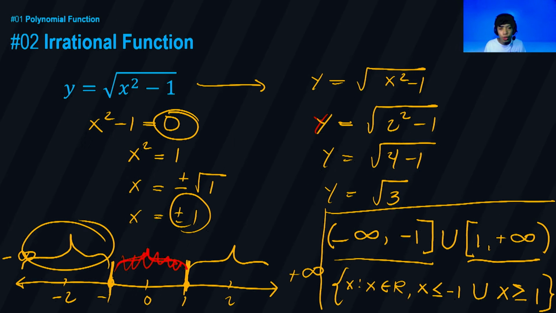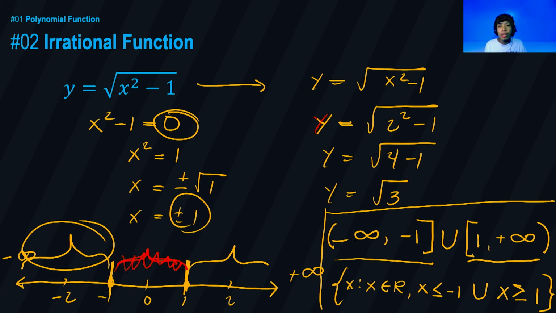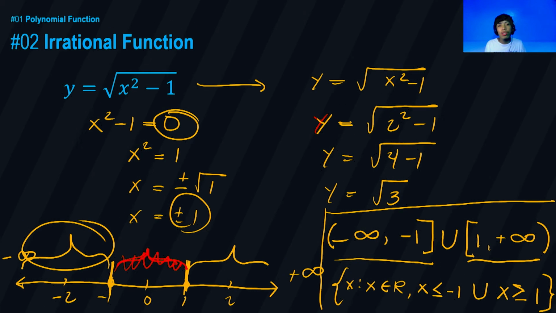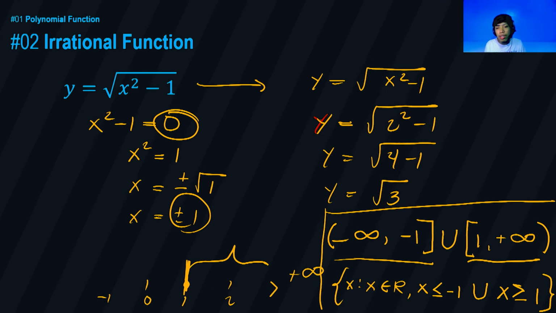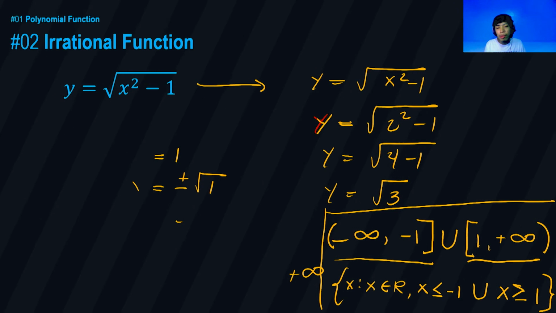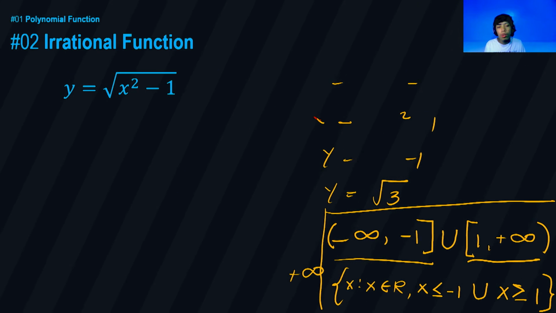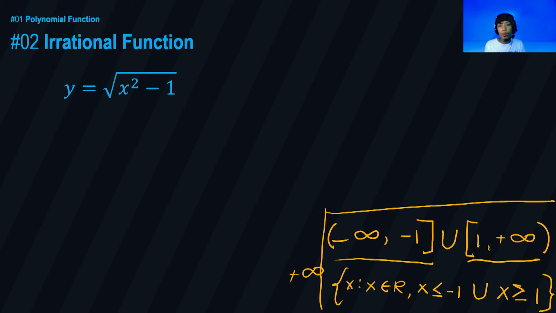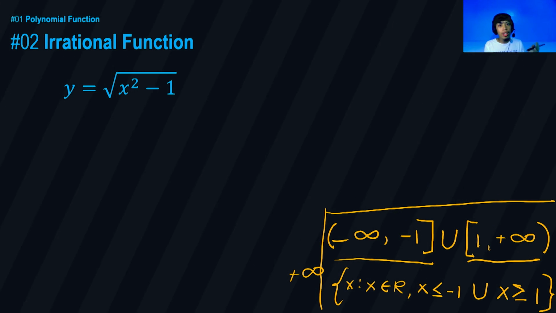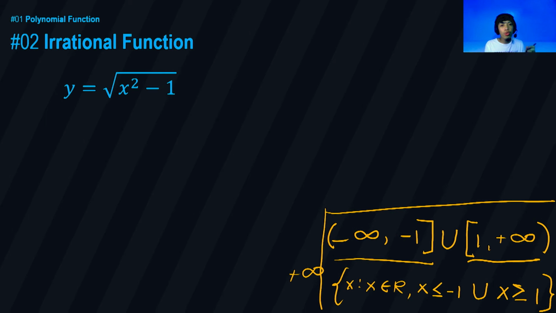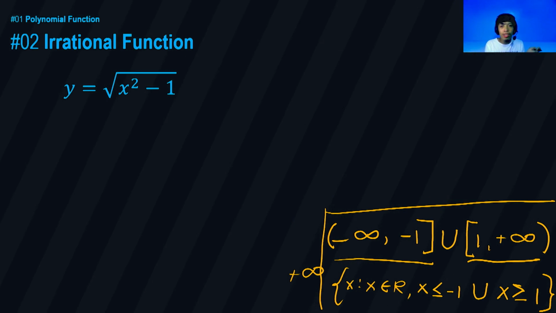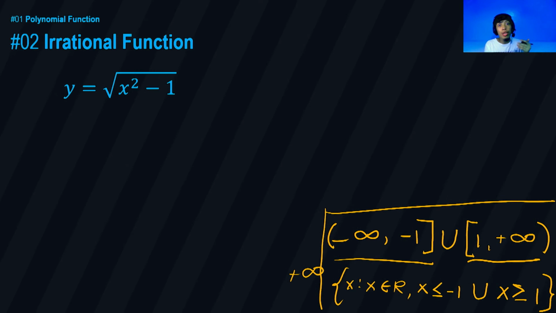Now, how would you write your range? Let me erase. Now to solve for the range, take note, earlier with the linear function, we substituted the minimum value of x into the equation to solve for the minimum value of y.